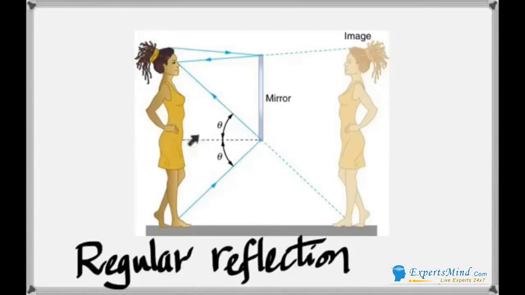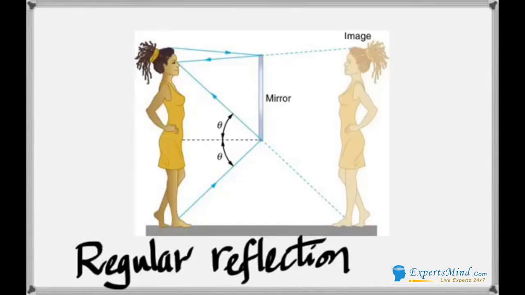So that's DO. This is DI. What's the relation between DO and DI? Give me the mathematical statement. DO is equal to what? DO is equal to negative DI. That is called the law of distances for a plane mirror. DO is equal to negative DI.